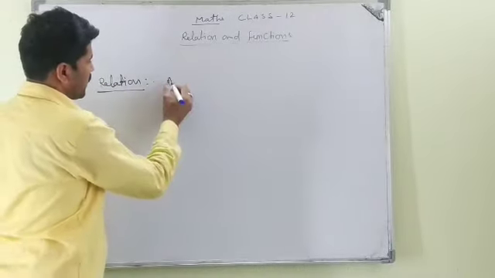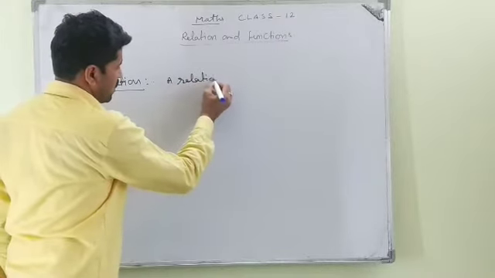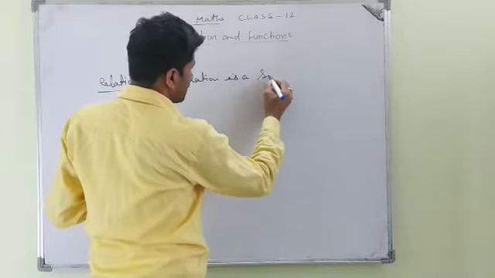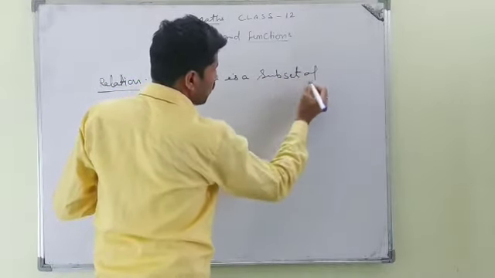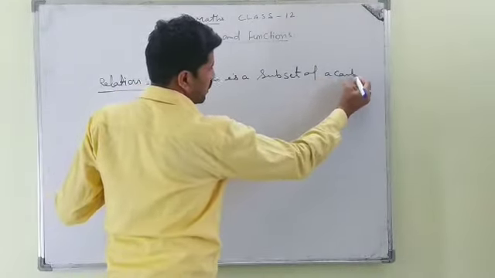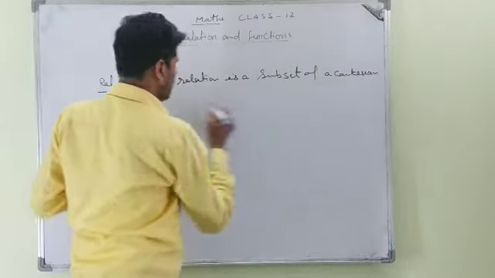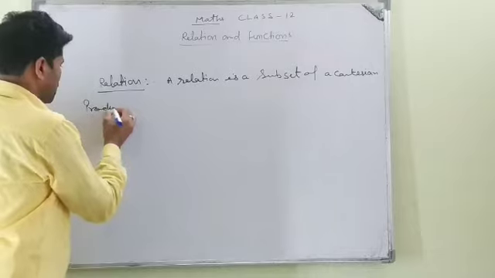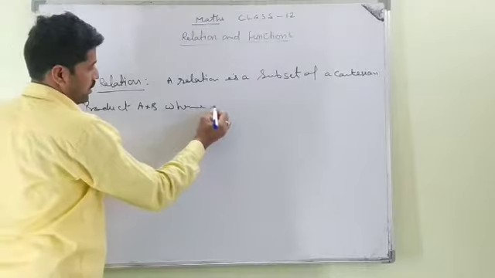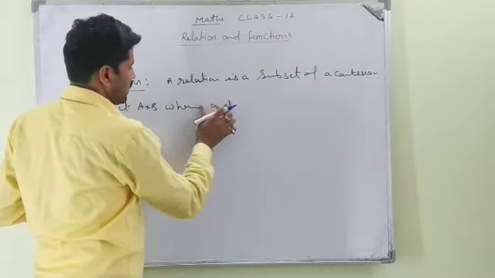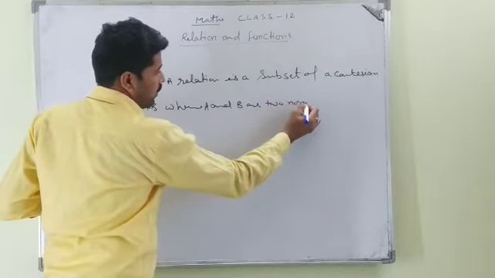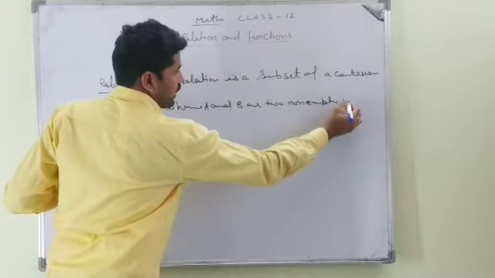What is relation? A relation is a subset of a Cartesian product A cross B, where A and B are two non-empty sets.